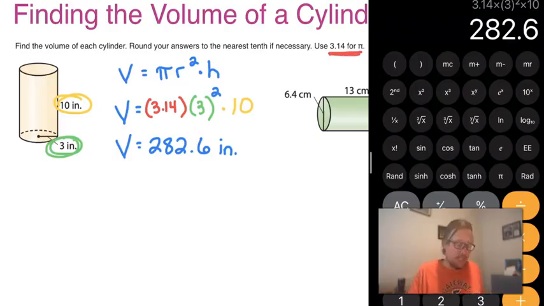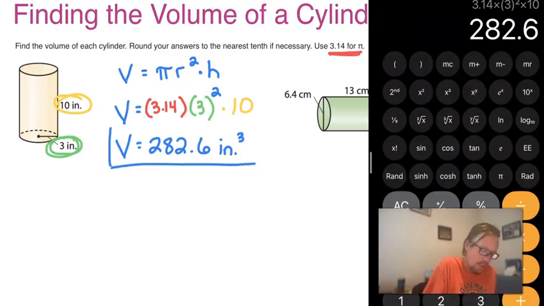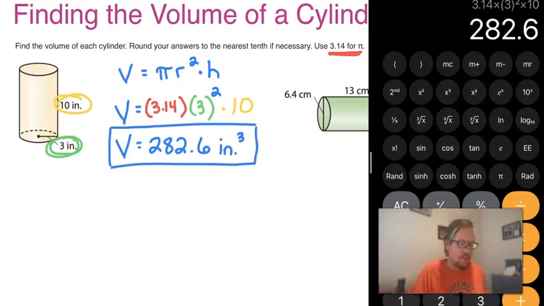Just the units are cubic units, and any measure of volume is in cubic units. Just like that, 282.6 cubic inches. The cube applies only to the unit, not to our number. Our number's fine, 282.6, that's the answer. We do not cube the answer. But the units we measure in cubic inches, just like if we were doing area, we would do square inches. Volume is measured in cubic inches.